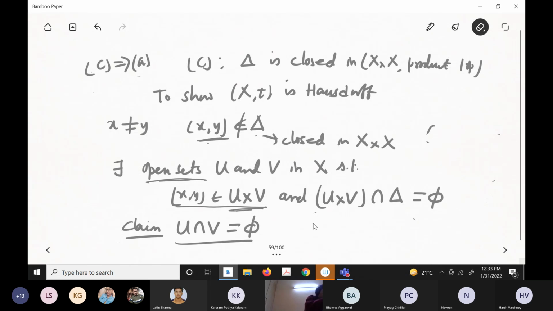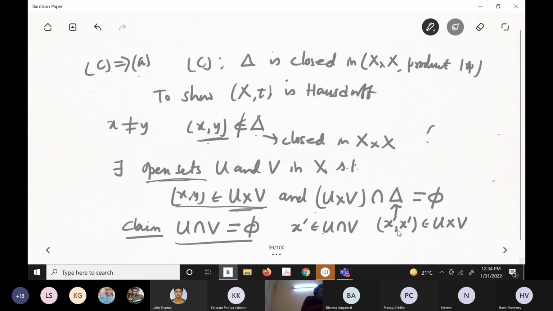Suppose not. Then let x prime belong to U intersection V. Then x prime belongs to U cross V, because x prime belongs to U as well as V, and it belongs here also.